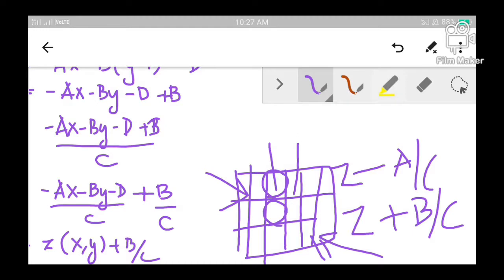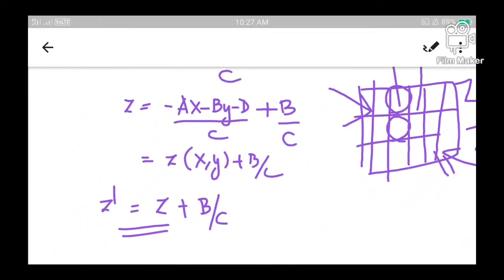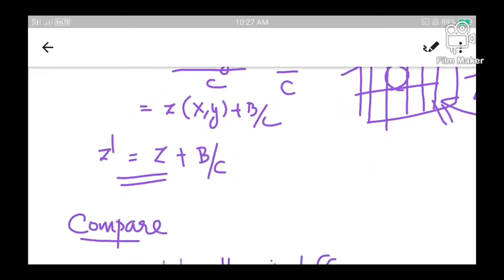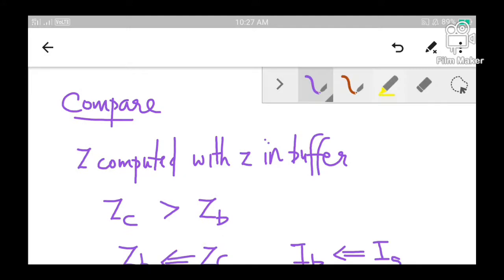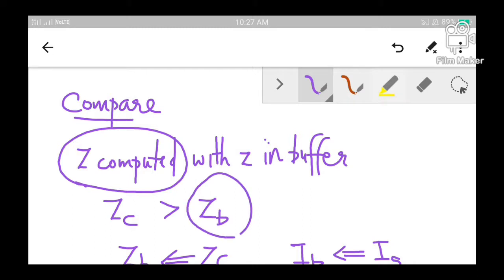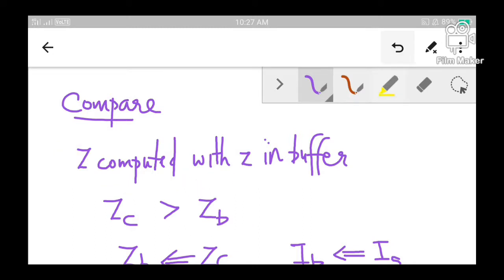So for each and every pixel on the screen you have to compute the z values using the above equations. Once all the depth values are computed, what you will do? Now you have to compare. What? You will compare for each pixel, if the computed depth value is lower than the depth value stored in the buffer. I repeat, we have two depth values for each pixel.